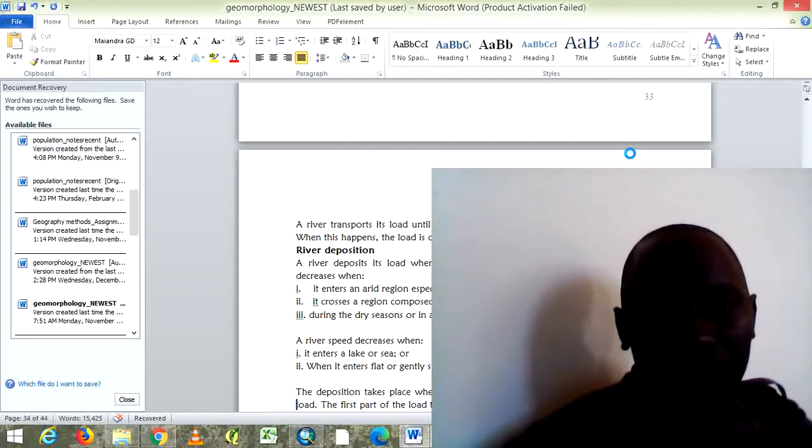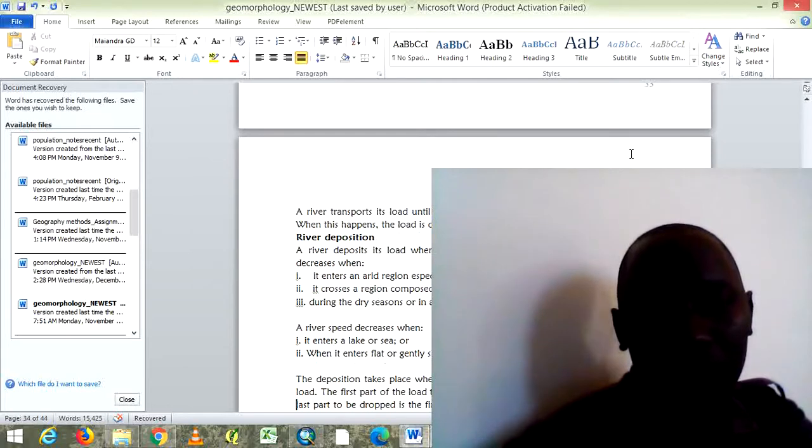When the volume of the river decreases, it usually happens when it enters an arid area, especially hot desert, where there is insufficient water to add on to the volume, when it crosses a zone of porous rocks, like limestone, which absorbs some of the water, or during the dry seasons when there is no rain to add on to the river.